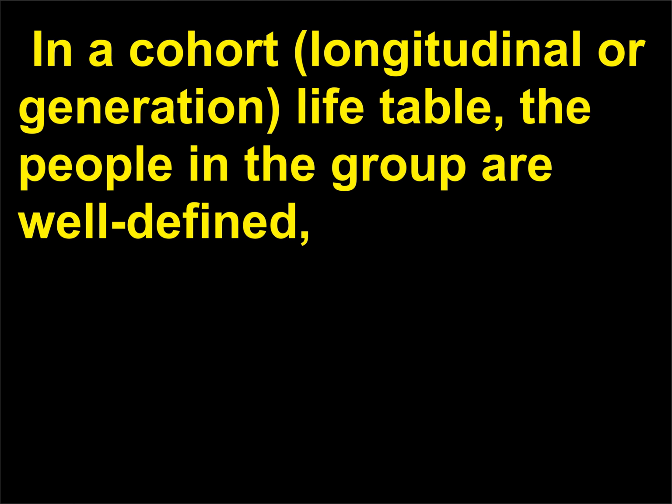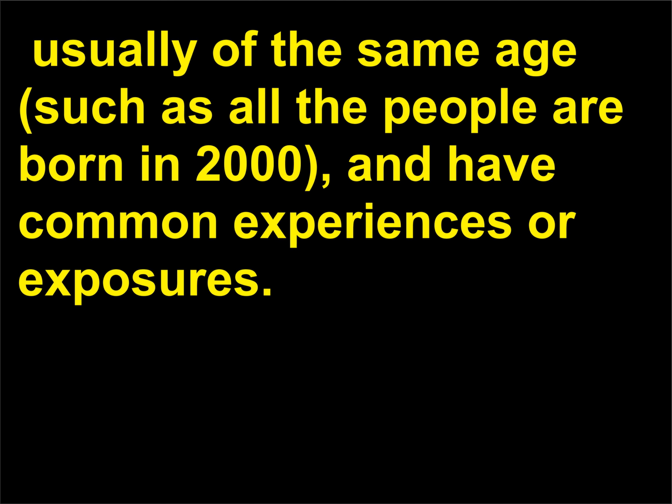In a cohort, longitudinal or generation, life table, the people in the group are well defined, usually of the same age, such as all the people born in 2000, and have common experiences or exposures.